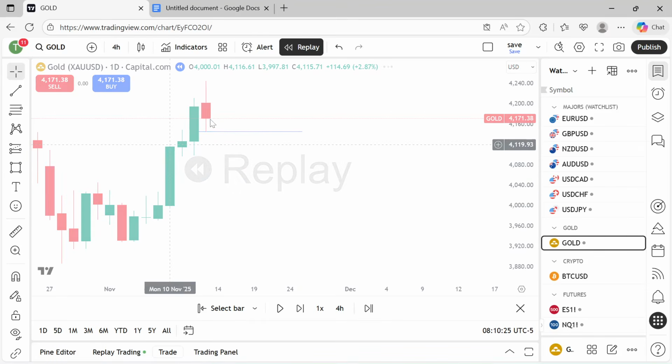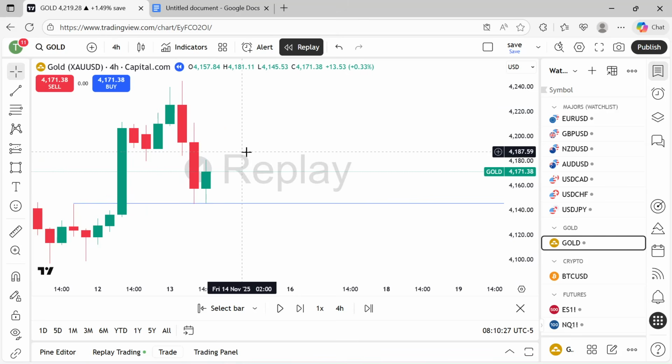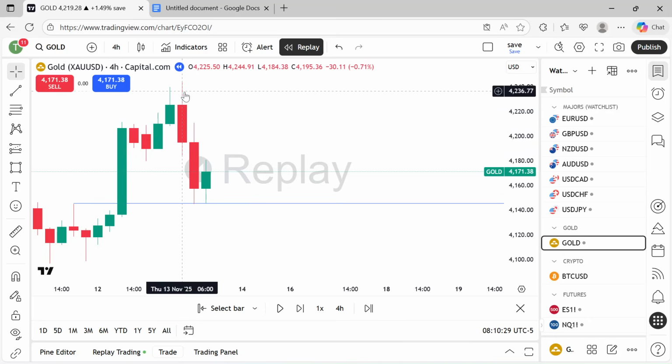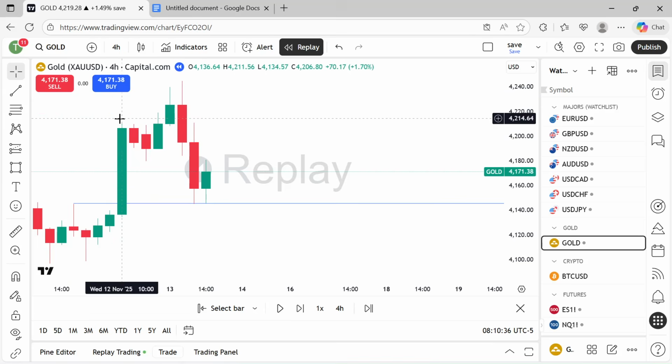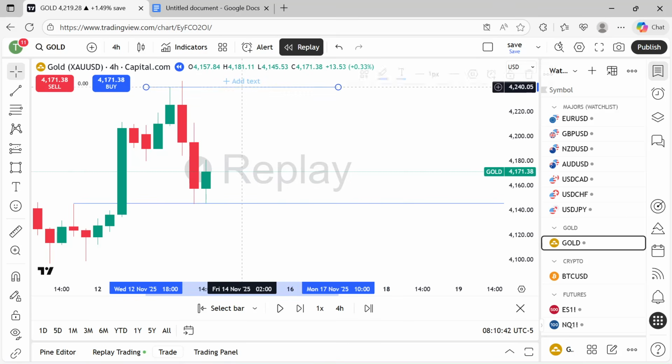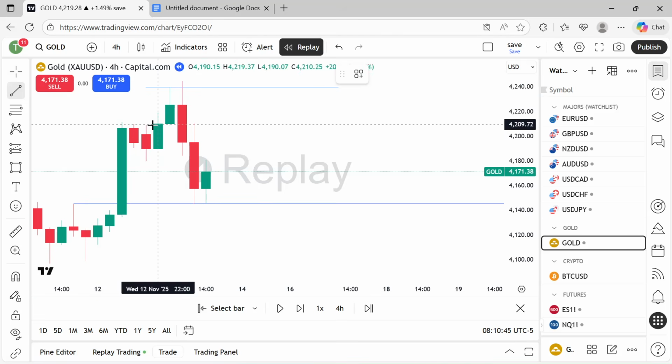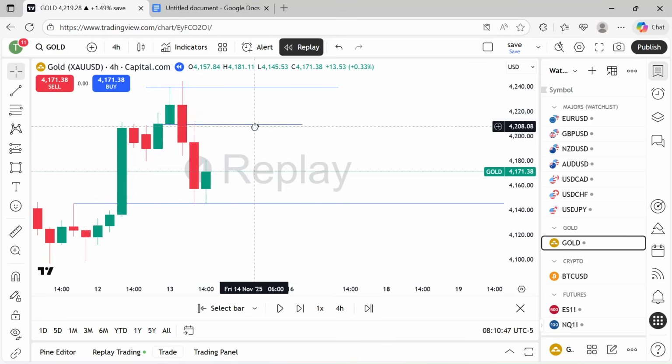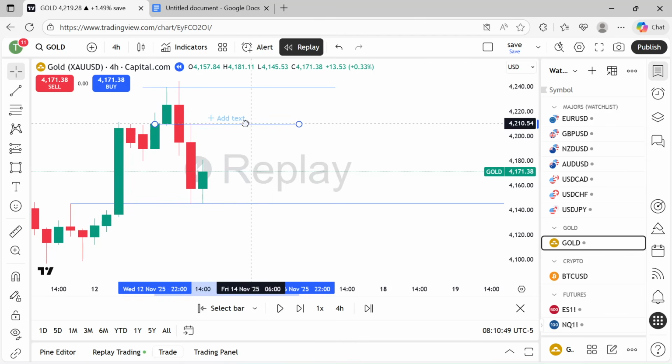And if you see that happen on the daily, a failed 2, and then you see a 3 at the very top of where that happened, see how that took out that high, took out that low? You know you have an extremely high probability shift in market structure at that point that's happening.